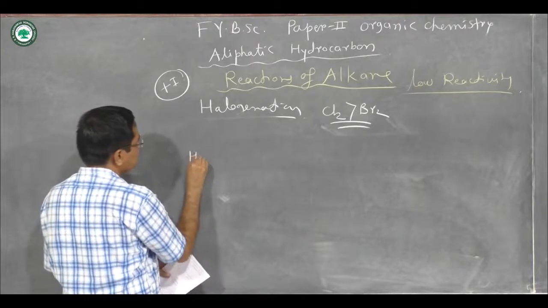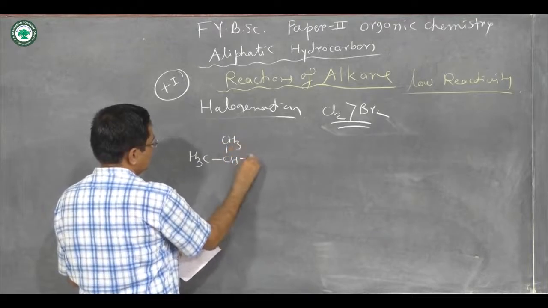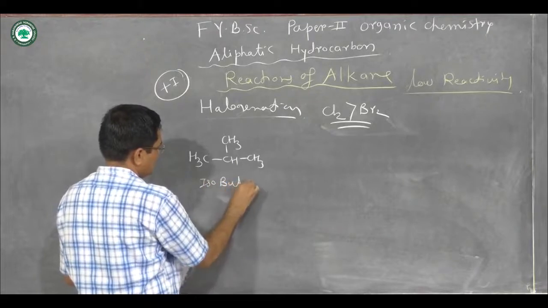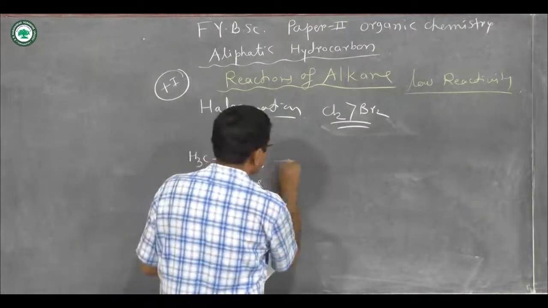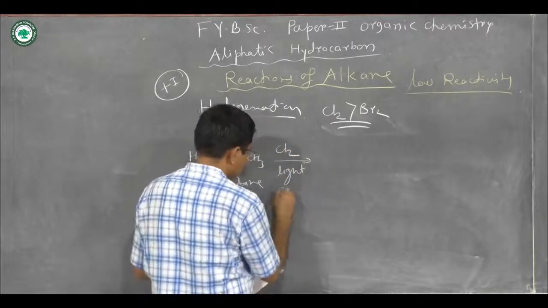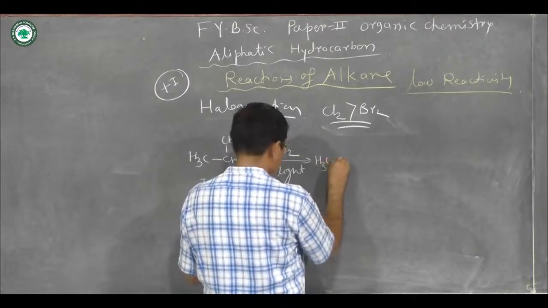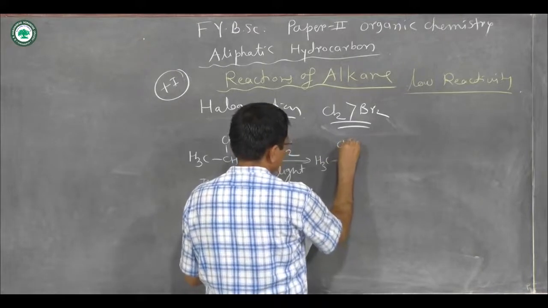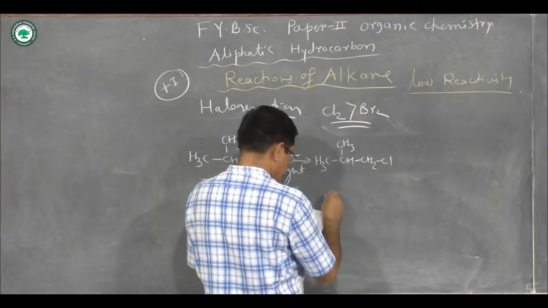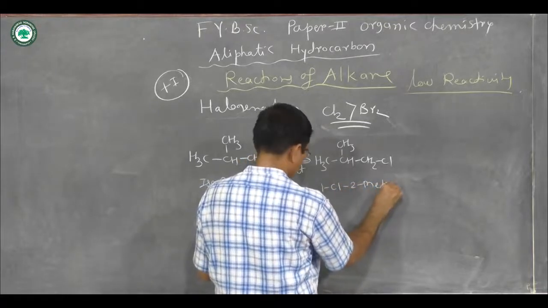We take one more example, isobutane, with Cl2, light, 25 degrees Celsius, and again it gives two products. Here 1-chloro-2-methylpropane is the minor yield.